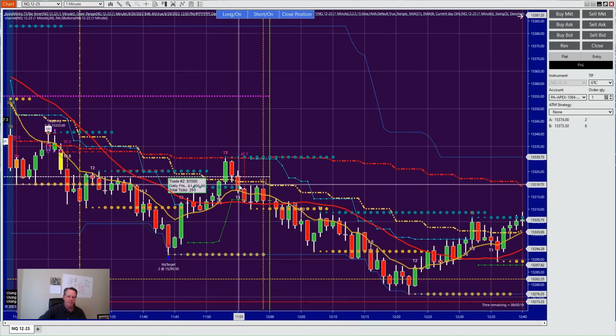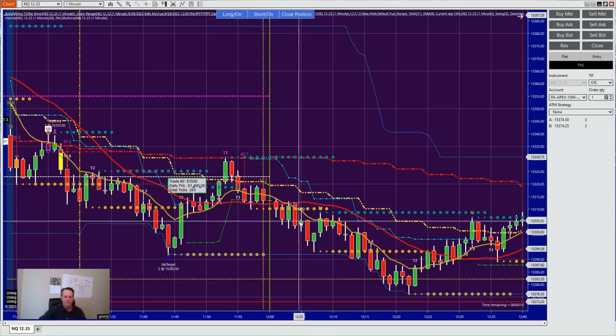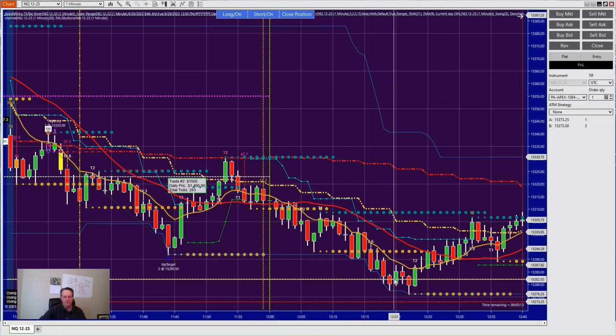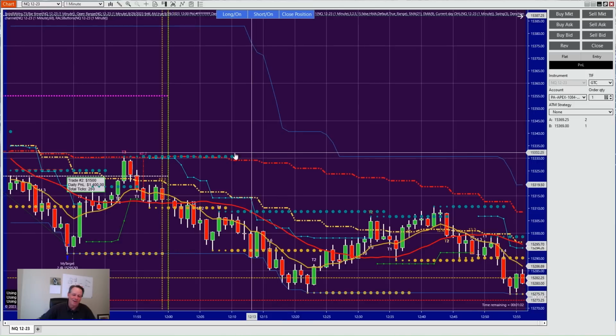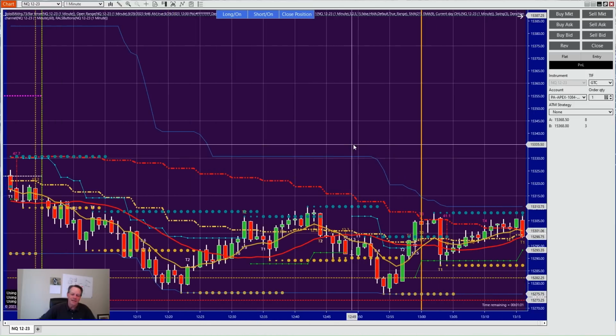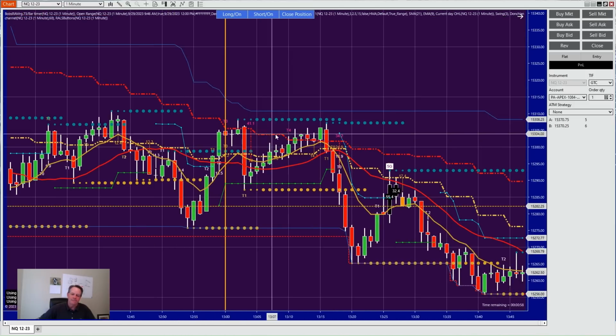The entry would have been here if it had just cleared 1 more tick, and your target would have been right here. Oh well. You can't win them all.